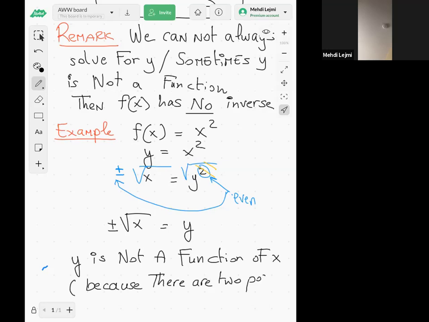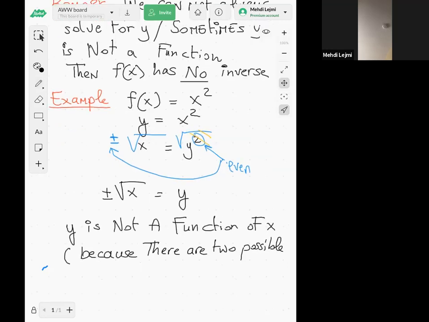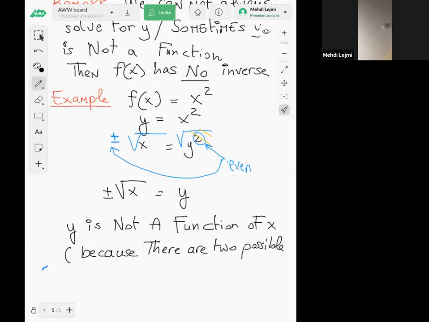Two possible outputs, because of the plus or minus. So it's not a function. And so this function f, the x squared, has no inverse.